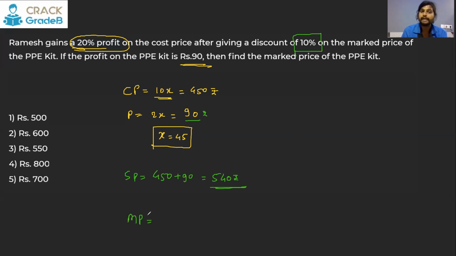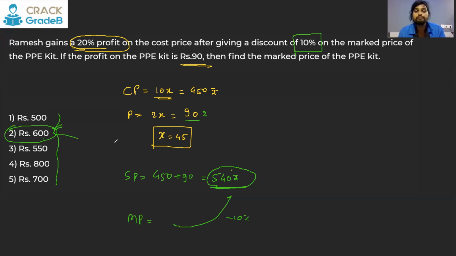So whatever the mark price is, when you reduce it by 10%, you have to sell the article for 540. So which is the option? If you decrease it by 10% and it gives you 540, you should be directly able to get 600, because 600, when you decrease by 10%, which is 60, gives you 540.